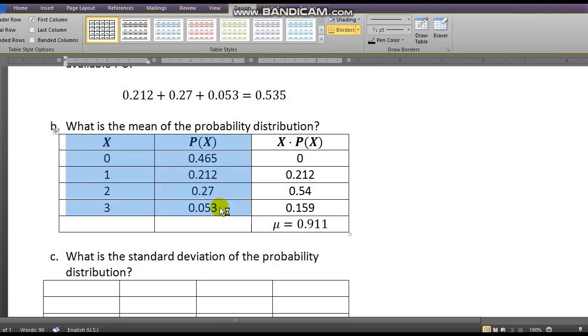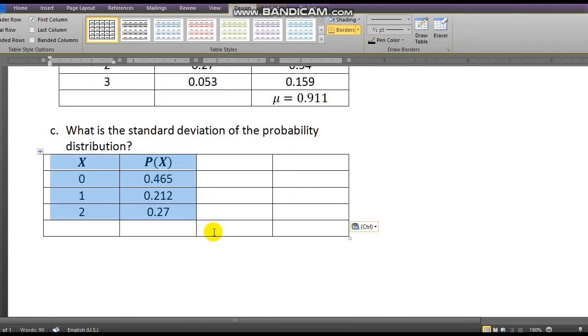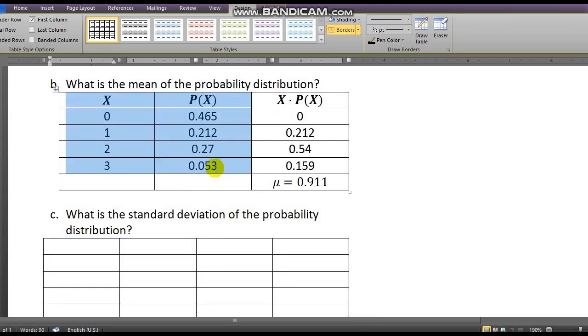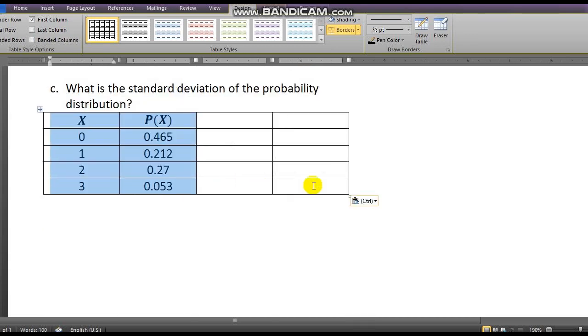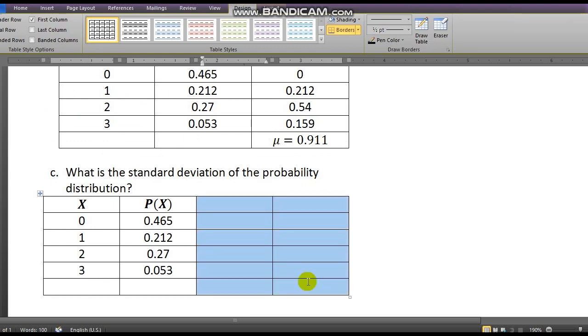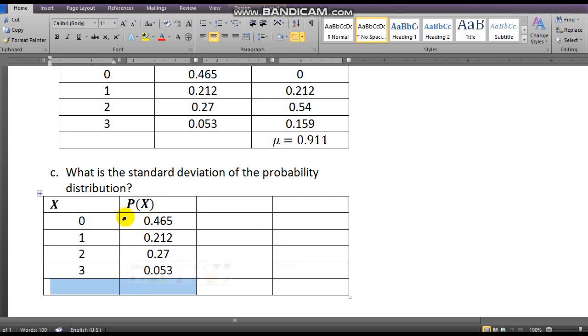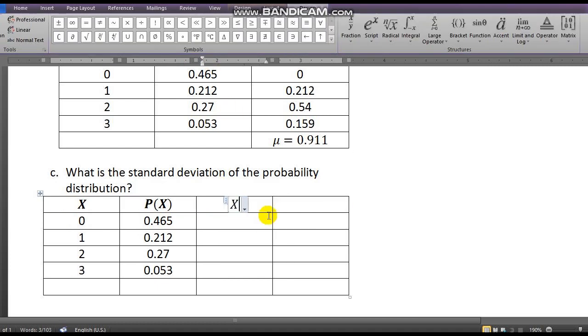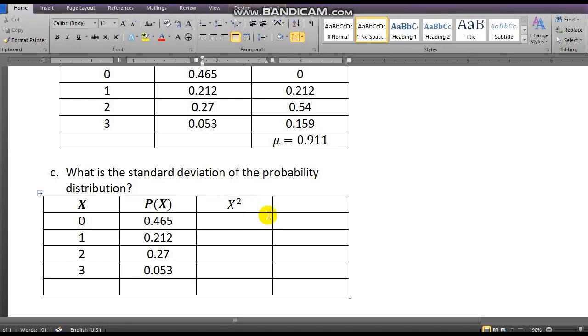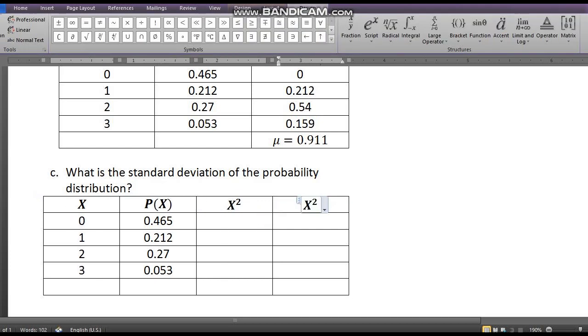Let's have again the x and the p of x, then a column for x squared, and the last one is x squared times p of x.